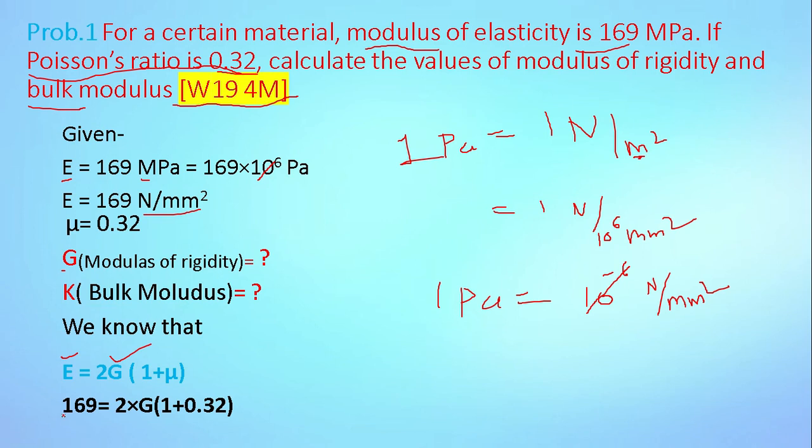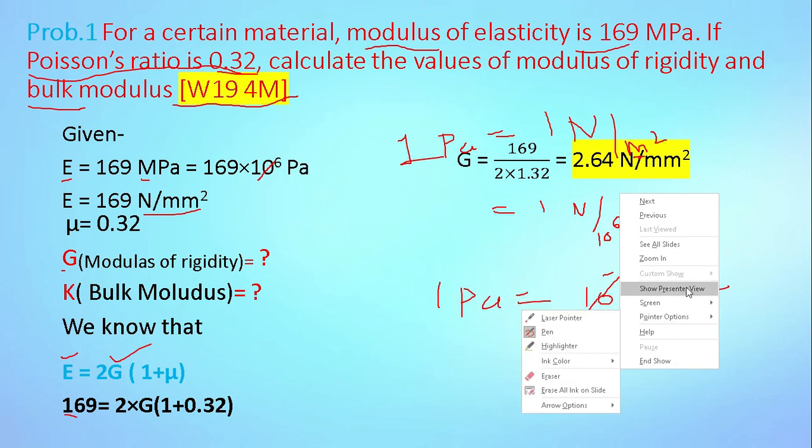So 169 is equal to 2 multiplied by G in bracket 1 plus 0.32.